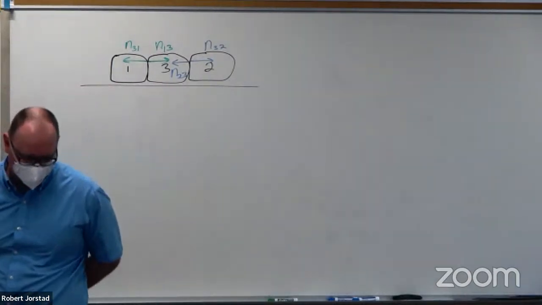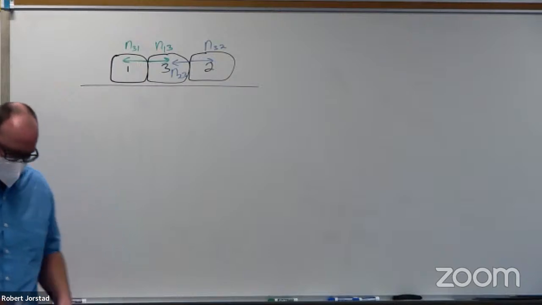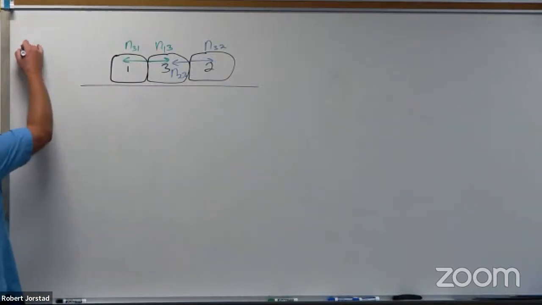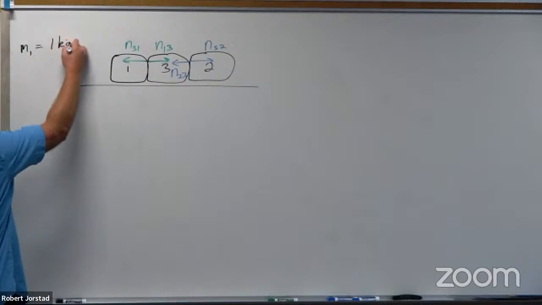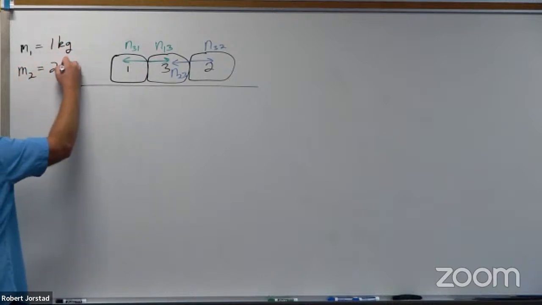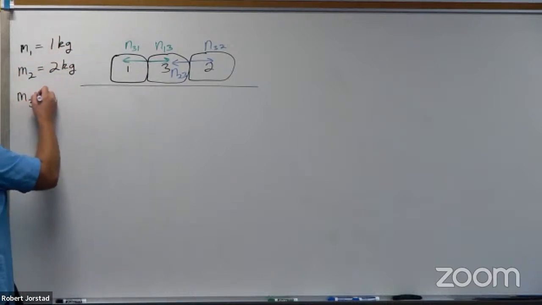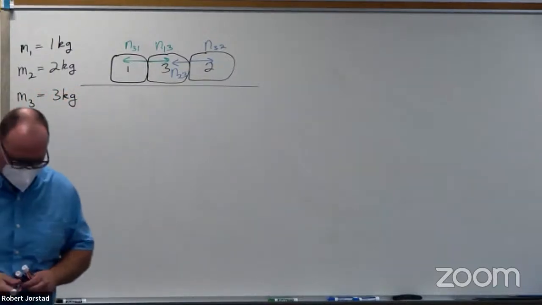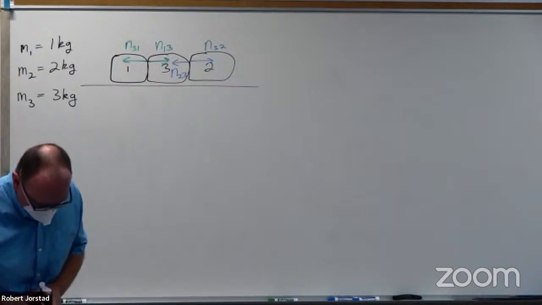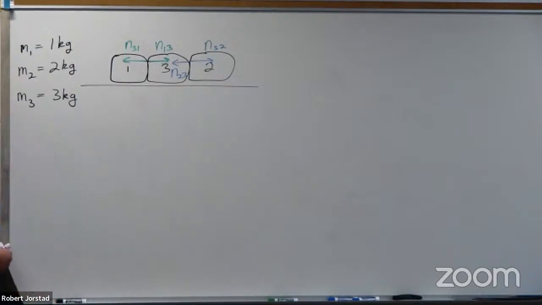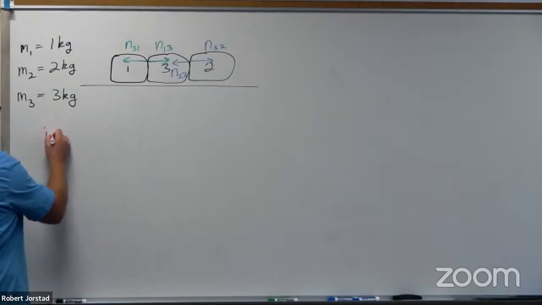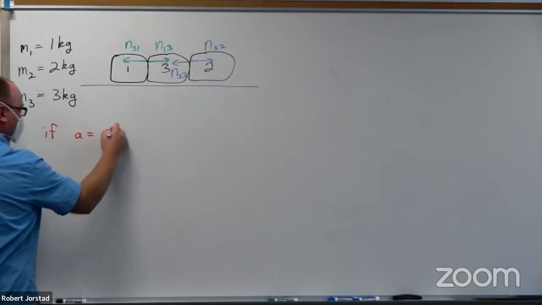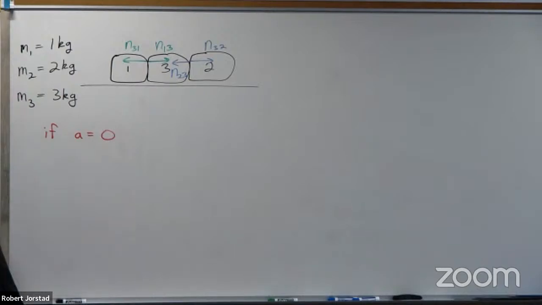Now, in this problem, we've got this M1 still 1, M2 still 2 kilograms, and M3 is 3 kilograms. And now in this problem, the first part, part A says, if the acceleration is 0, and we're comparing which two normal forces?